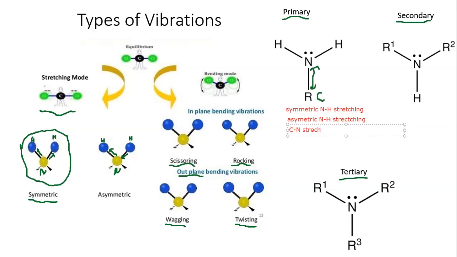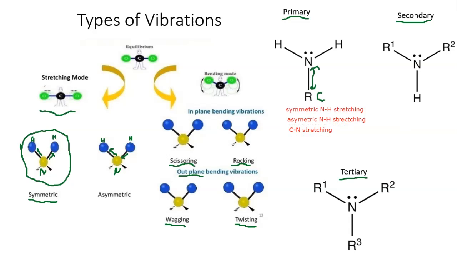I'm just talking about the main types of stretching and bending. There are other ones as well, but these are the main, prominent ones. So those are the three main fundamental stretchings you can have in an amine.